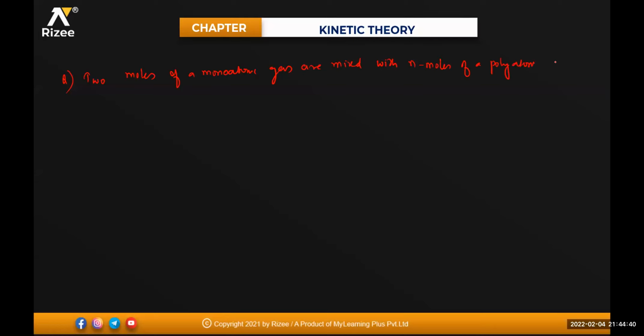If the mixture behaves like a diatomic gas, then find the value of N. Find the value of N. Can anyone do it better? Make it fast.